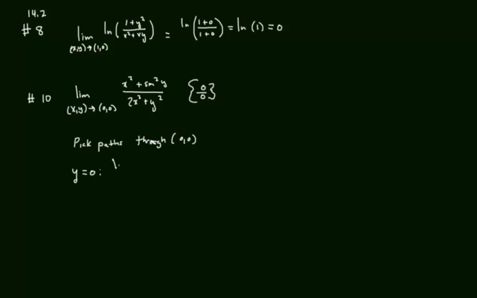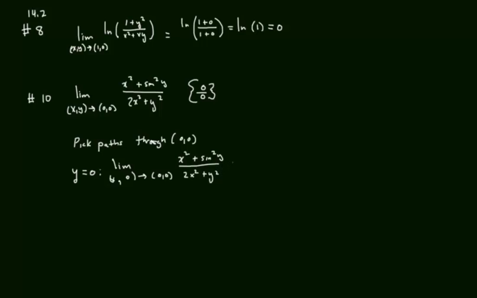A good path to pick as a starting point is generally a path like y equals 0. So we're going to look at the limit as x, 0 approaches 0, 0 of our expression, x squared plus sine squared y over 2x squared plus y squared.